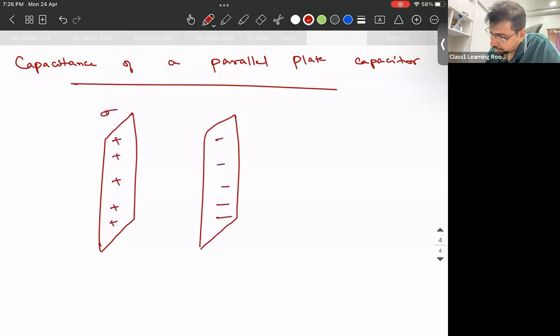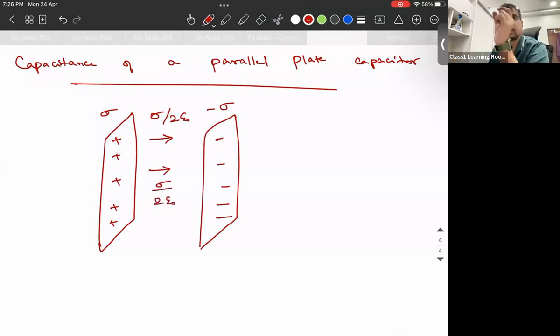Let's say the surface charge density here is sigma, here it is minus sigma. So the electric field due to the positive charge is going to be sigma divided by 2 epsilon naught, and the electric field due to the negative charge is also sigma divided by 2 epsilon naught. So the net electric field is equal to sigma divided by epsilon naught.